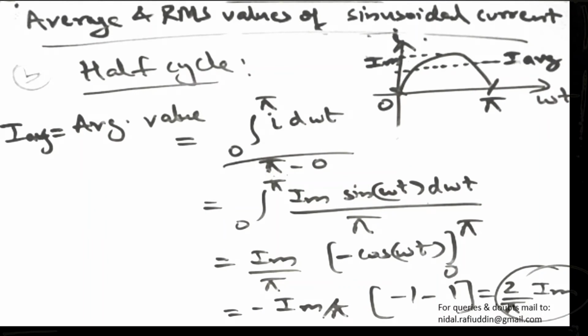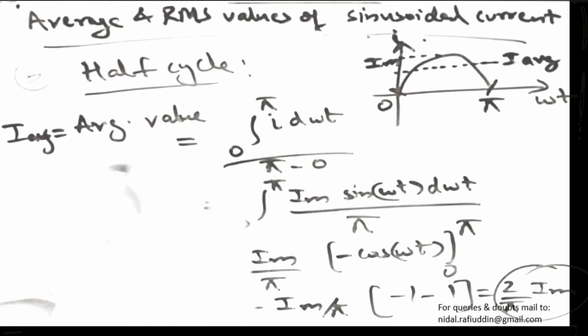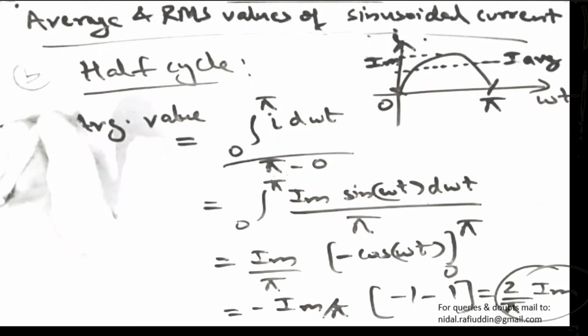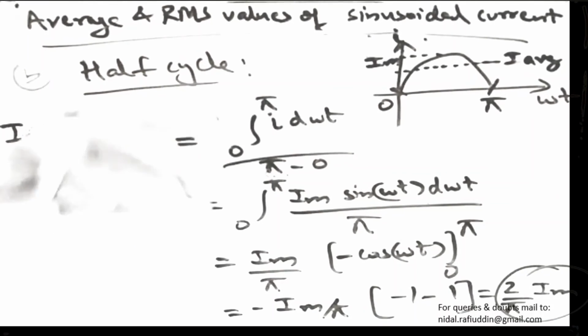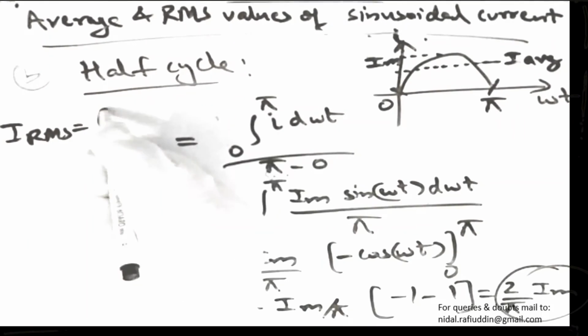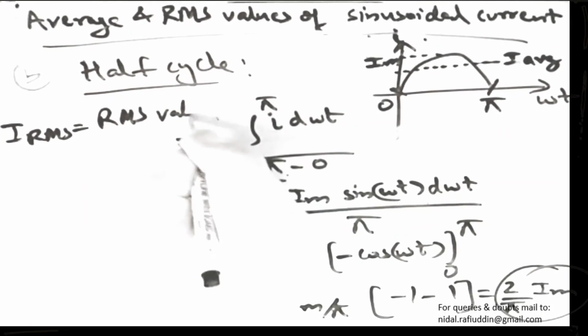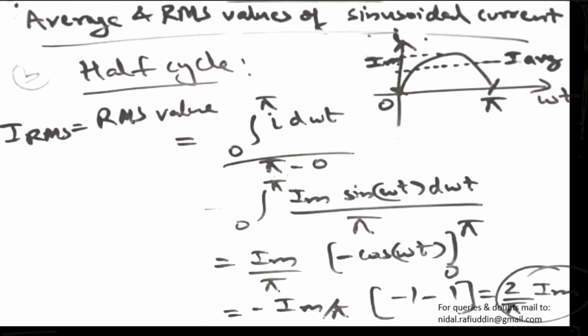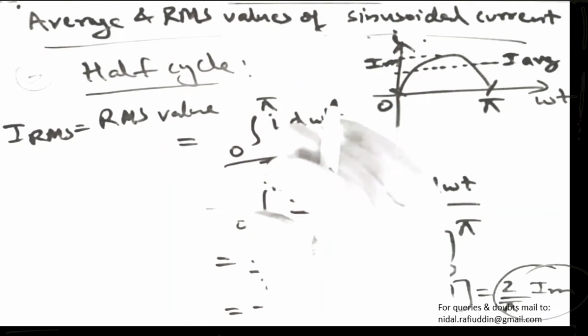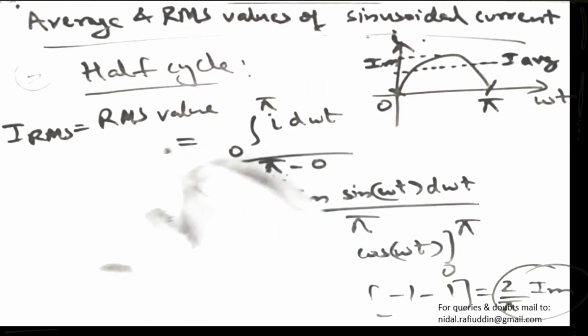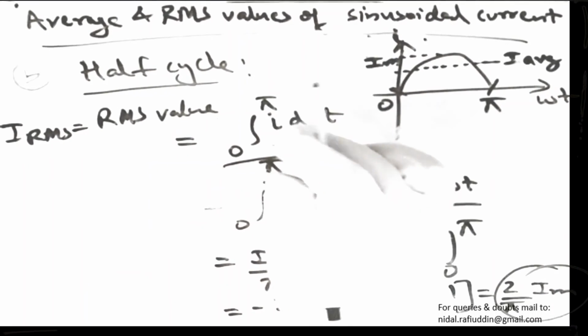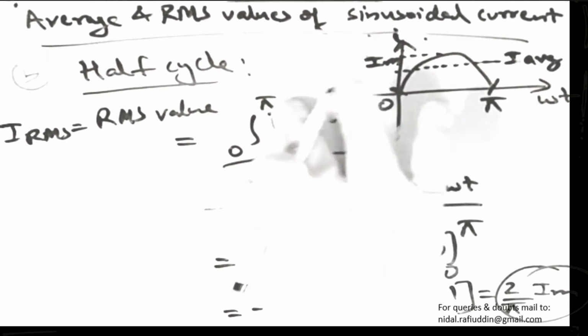And likewise, if we are interested to compute the RMS value, this is given by I RMS, from 0 to pi. So the definition changes.